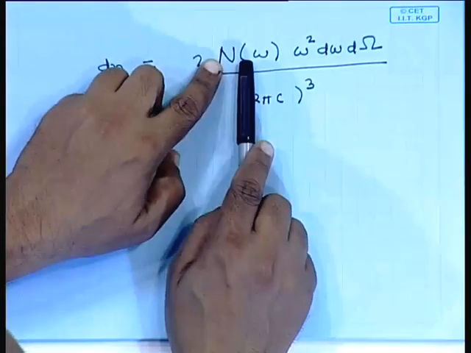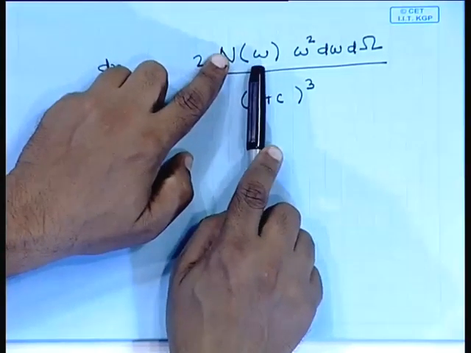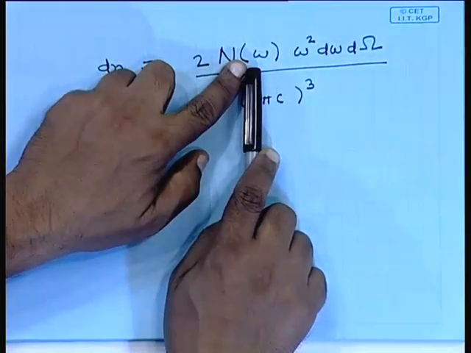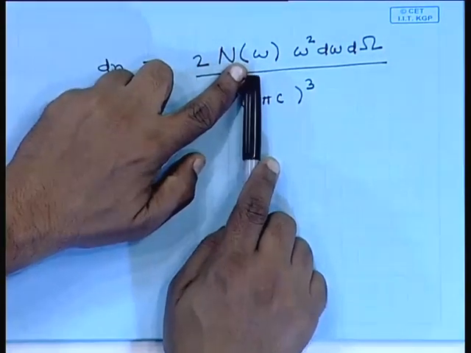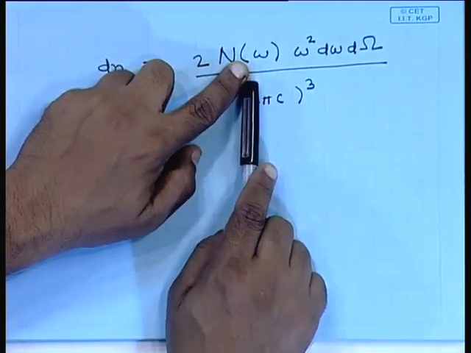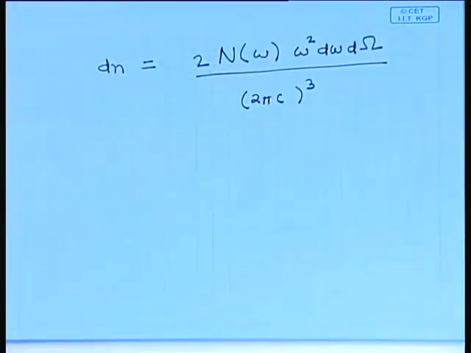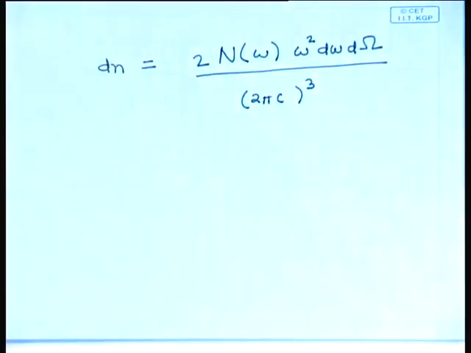N omega is the occupation number written as a function of the angular frequency. In principle, it should be written as a function of the mode or the wave vector or the momentum, but you can also equivalently write it in terms of the angular frequency using the dispersion relation. Okay. So, this gives us the number density of particles with these properties.